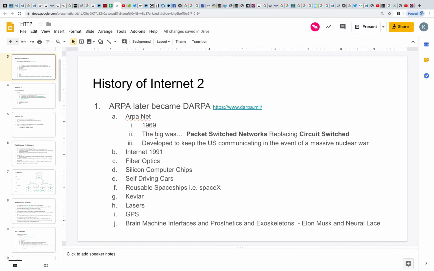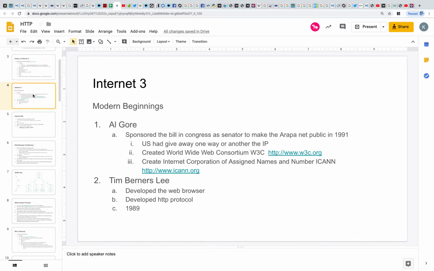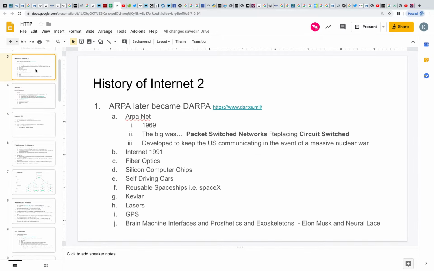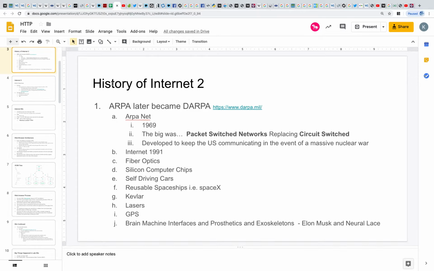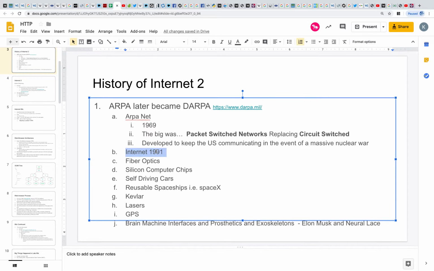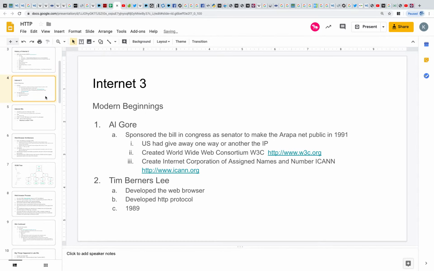So all this stuff really comes out of ARPA, or DARPA today. And if you ever were a researcher, you want to look into DARPA, because that's where all the grants come out of for military research. So we get up into 1969, and then ARPANET exists, and then the public internet is released in 1991.